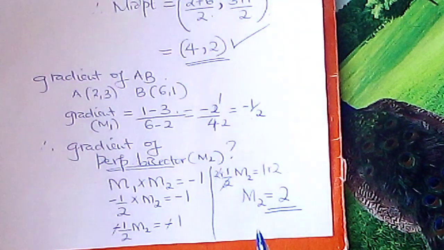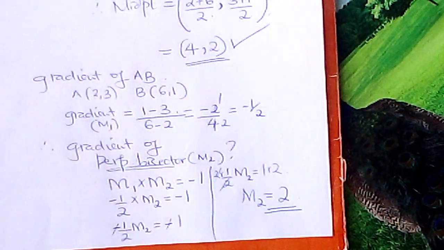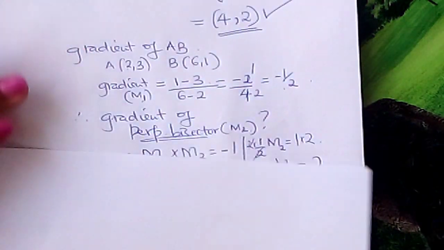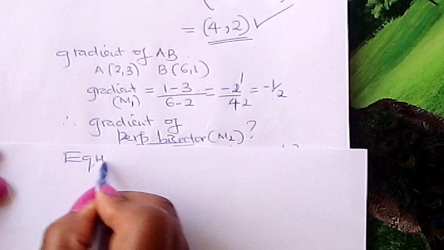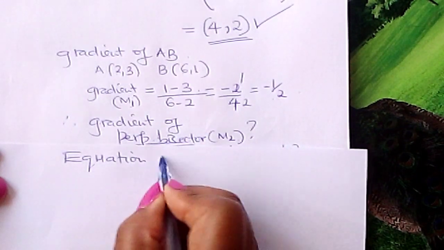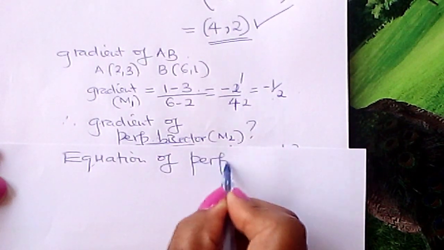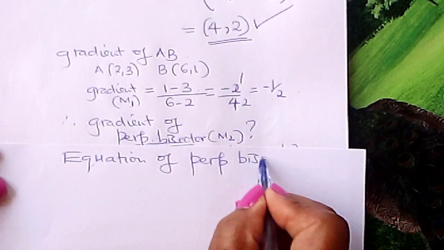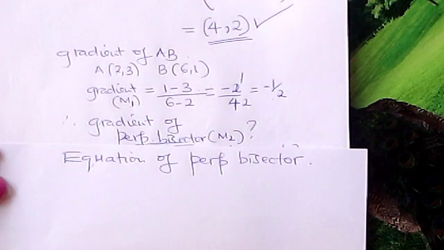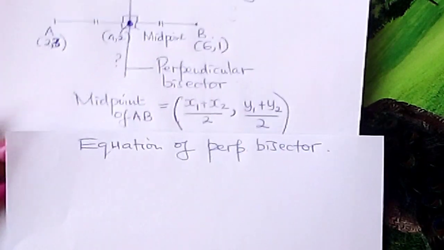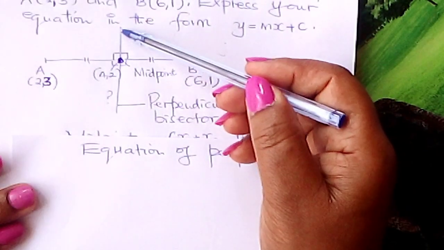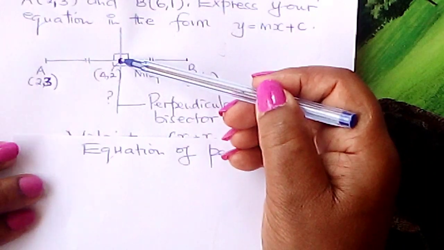So from there, learner, we move on. So we now want to get the equation of the perpendicular bisector. Look at this equation of the perpendicular bisector. We have seen that the perpendicular bisector, learner, passes through this point.